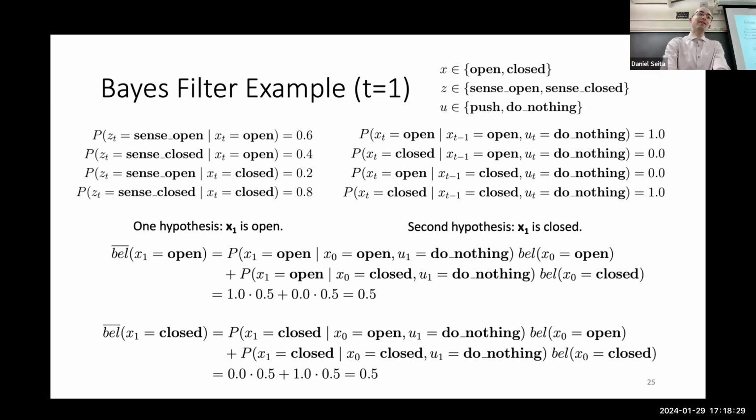Imagine something's strange with the physics of the door, and if you do nothing, it always assumes the door is going to close itself. So if you do nothing and the door is open, it might actually close. So you might get something different if you plug in the numbers. Yeah, in general.